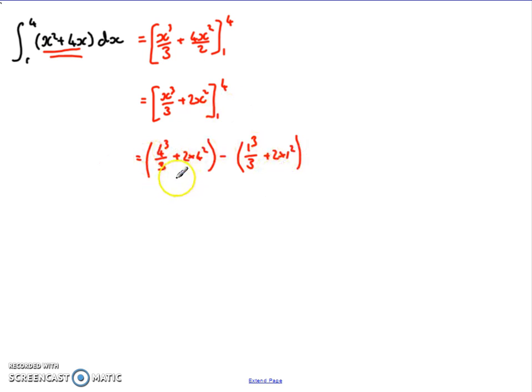We then calculate the values and we then solve the part here. So first one, 4 to the power of 3 gives you 64 over 3 plus, well, 4 squared's 16, 2 16s are 32. Take away 1 over 3 plus 2 times 1 squared, which is 2. Simplify the brackets and then put the whole thing together. 64 over 3 plus 32, well, 32, turn that into something over 3 and we get 96.